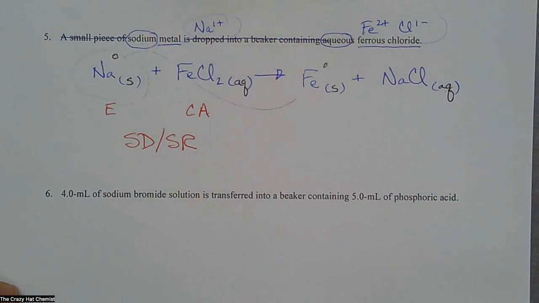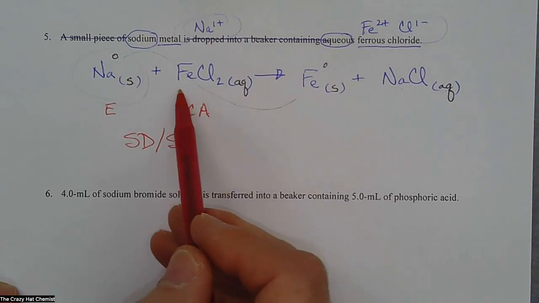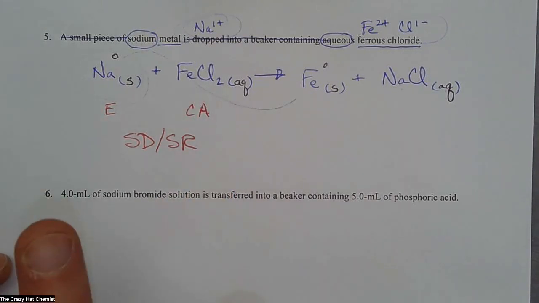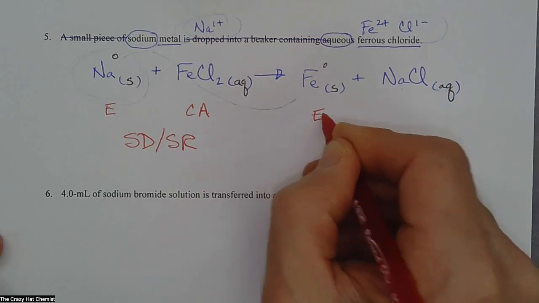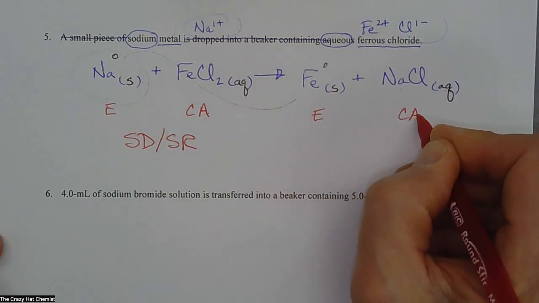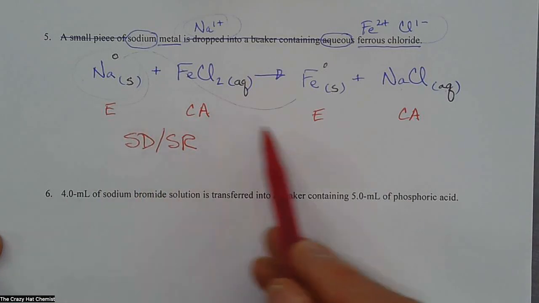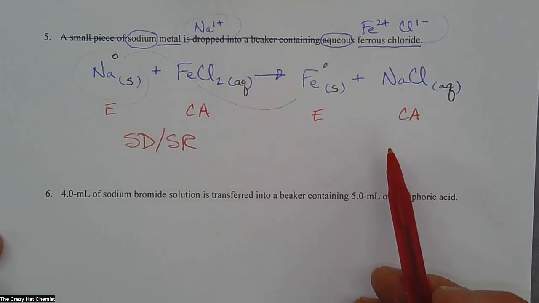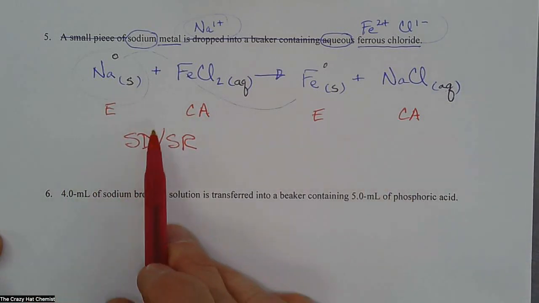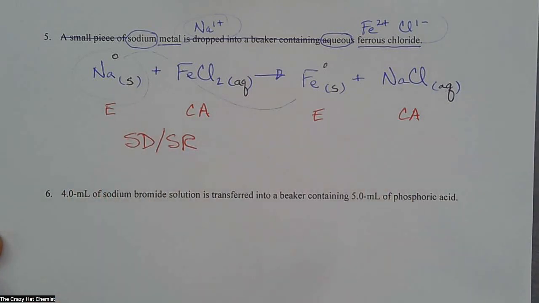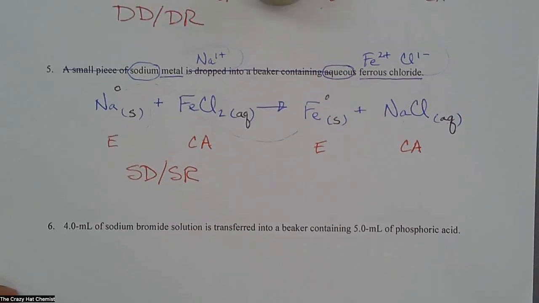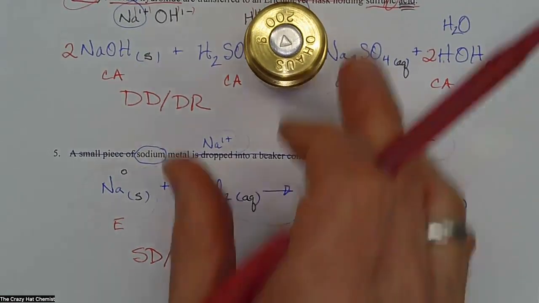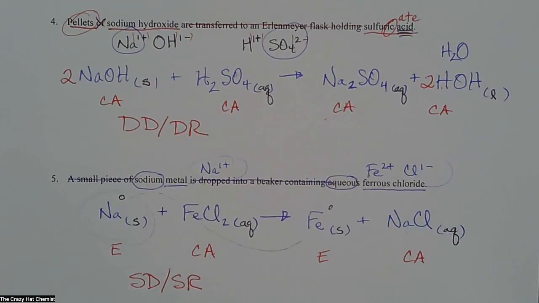All right, now what we need to do is balance this. This is probably the most unusual formula here. Oh, by the way, for a single displacement, single replacement reaction, you get an element and a cation-anion. So the pattern on the reaction side and the pattern on the product side is the same, just like on a double displacement reaction. I'm hoping that you see that there's a noticeable difference between a double displacement and a single displacement. So I'm going to pop in this double displacement reaction that we just did.